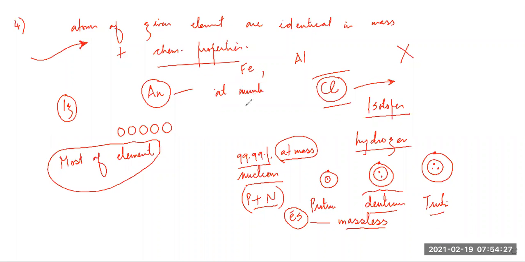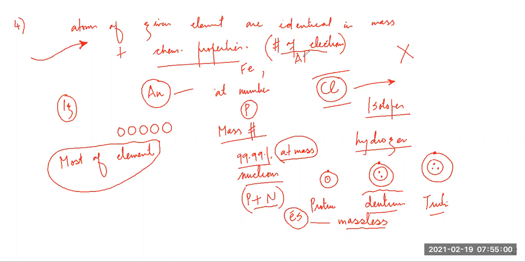What is atomic number? It is the number of protons in the nucleus of the atom of the element. And they will have the same mass number also. Obviously, then we can say that they have the same mass also. And chemical properties depend on the number of electrons. So they have the same chemical properties also, because the sharing of electrons actually decides how the chemical reaction will happen.